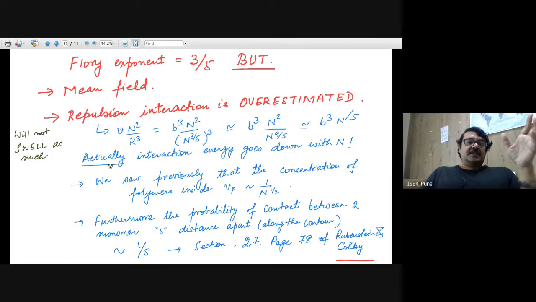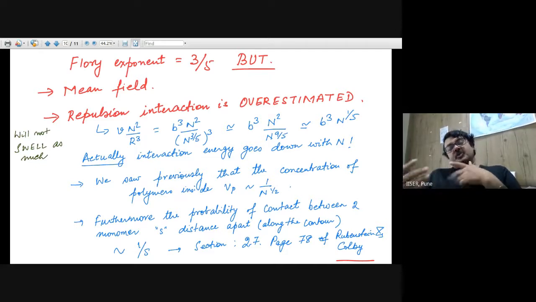So if n is more, repulsion interaction increases. But actually, the interaction energy goes down with n in reality, if you do a more detailed, more accurate calculation. And you can see that because we saw previously that the concentration of polymers inside the coil actually falls as n to the power half for an ideal chain. The density becomes less. As a consequence, the probability that a monomer along the chain will overlap with another monomer, which is far away along the contour but part of the same chain, also decreases.